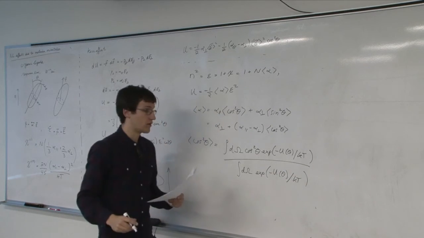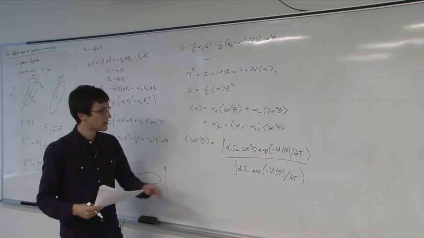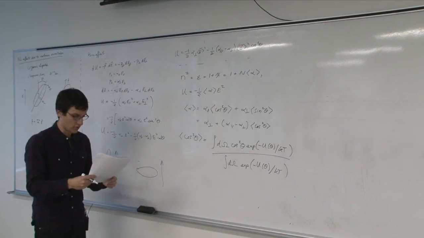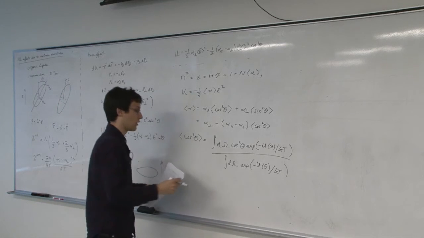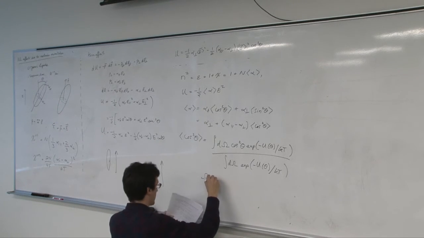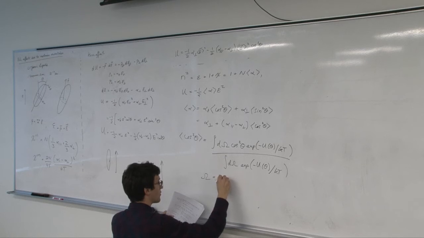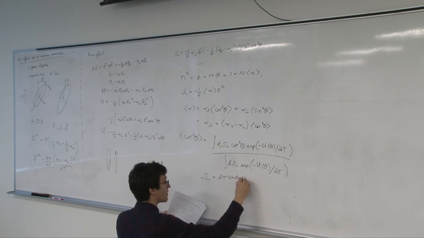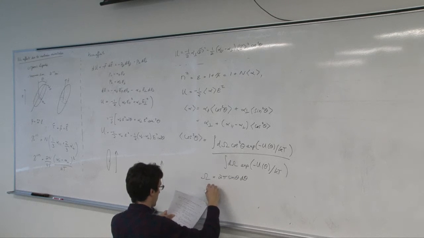Yep, so this is somewhat familiar, right? This is the Boltzmann distribution. You've seen that before. So d omega is explicitly given by 2 pi sine of theta d theta.